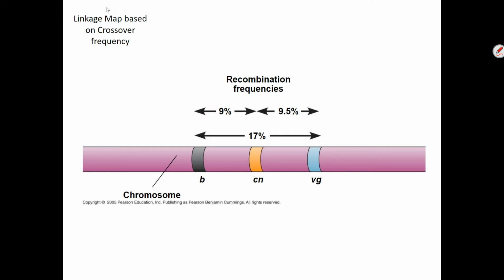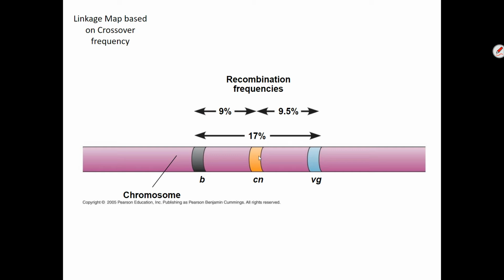Now, this business here about a linkage map has to do with crossover frequency. And so what you can do is you can plug all that information into a computer. Like we know that B and CN cross over 9% of the time, and CN and VG cross over 9.5% of the time, whereas B and VG cross over 17% of the time.